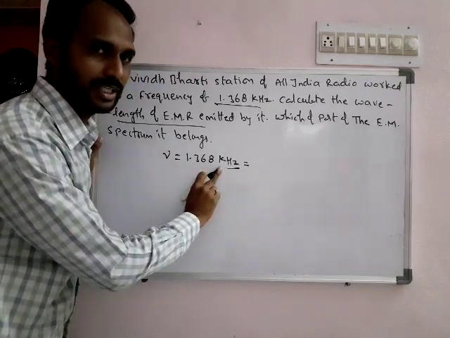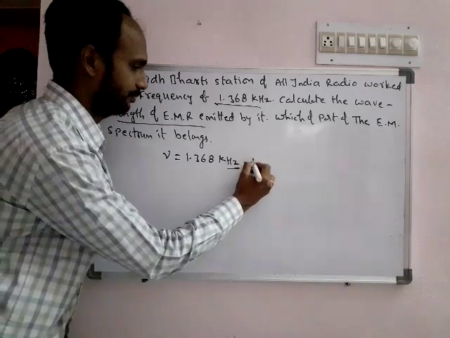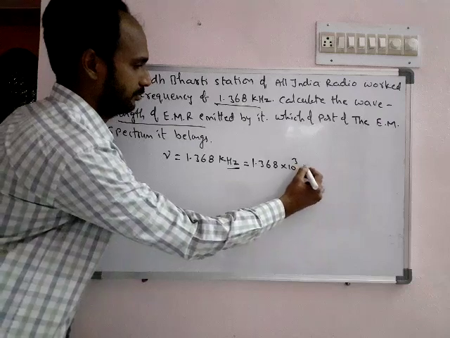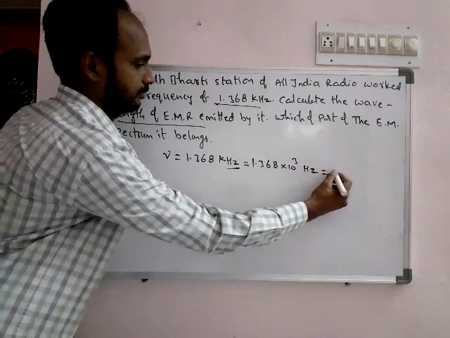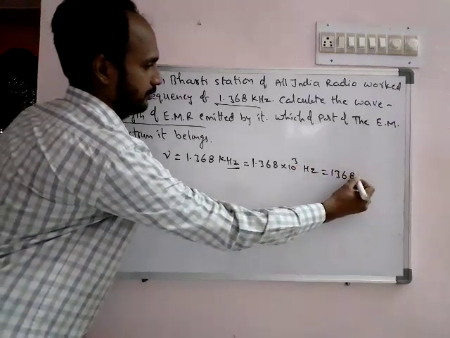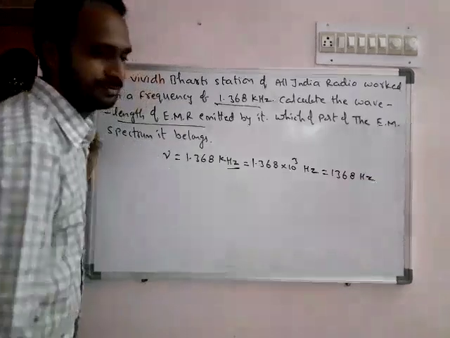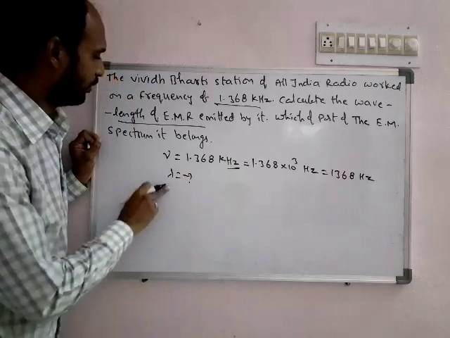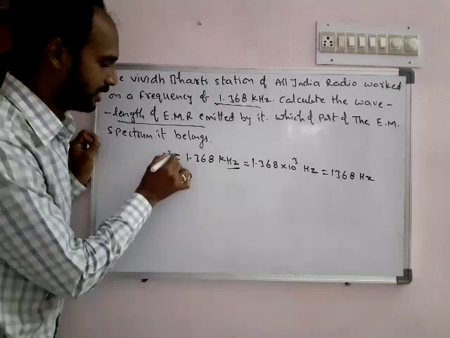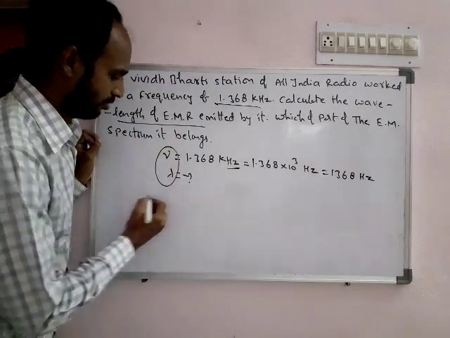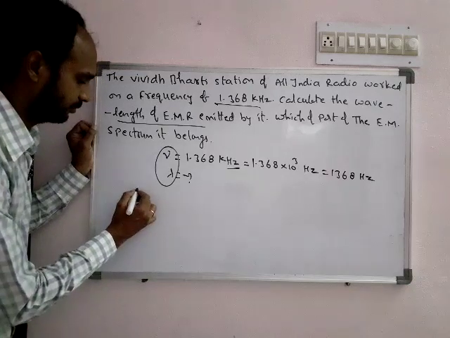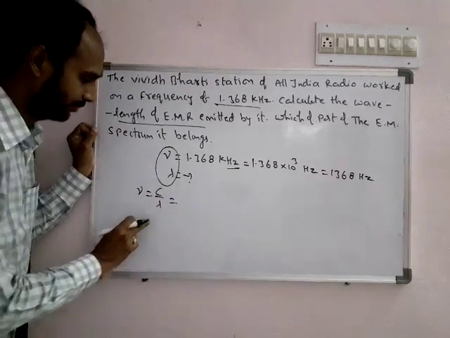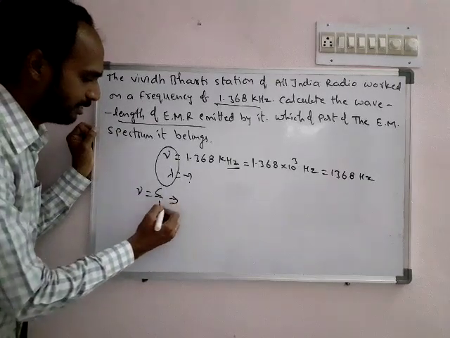We must convert the kilohertz into hertz. Next, we need to find the wavelength lambda. So what is the relation between these two? Nu is equal to c by lambda.